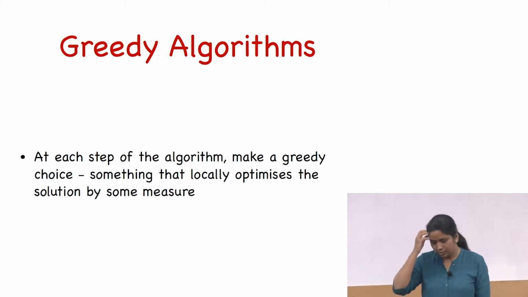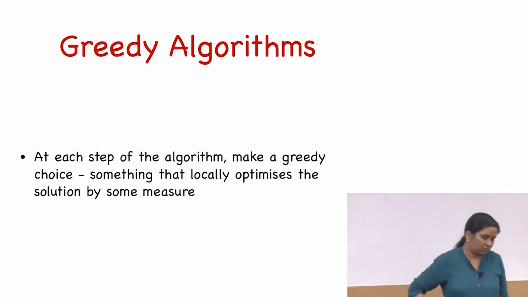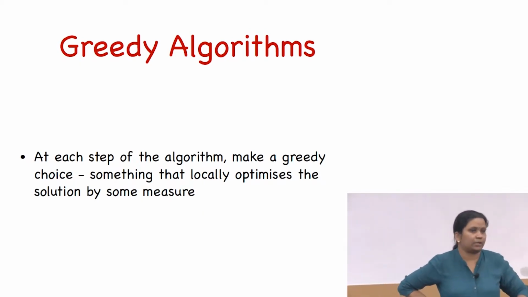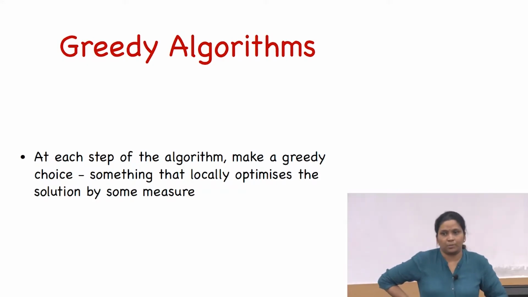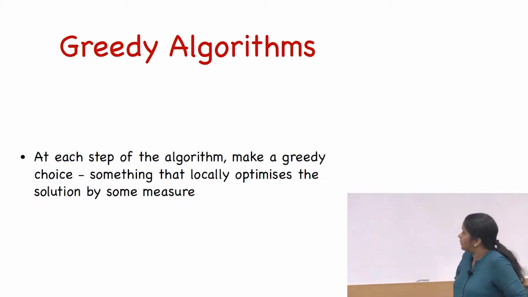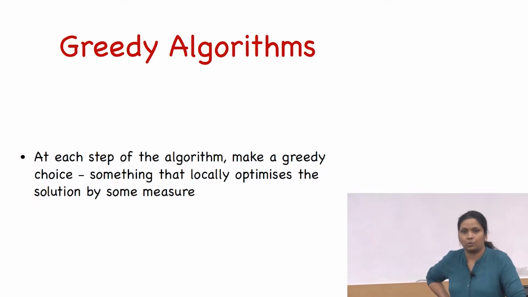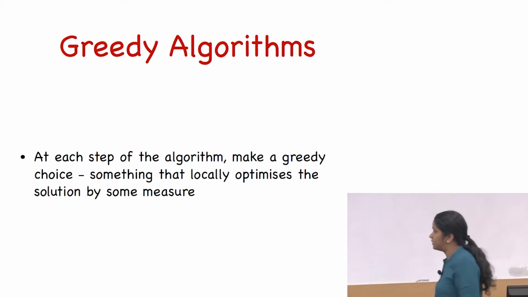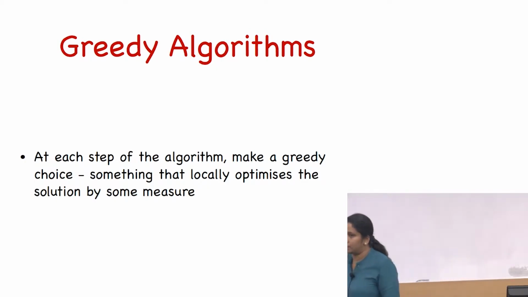I say looks locally optimal because it is not clear how you compute it. At each step of the algorithm, we call this a greedy choice. Why greedy? Because it looks like the current best, something that locally optimizes the solution by some measure.